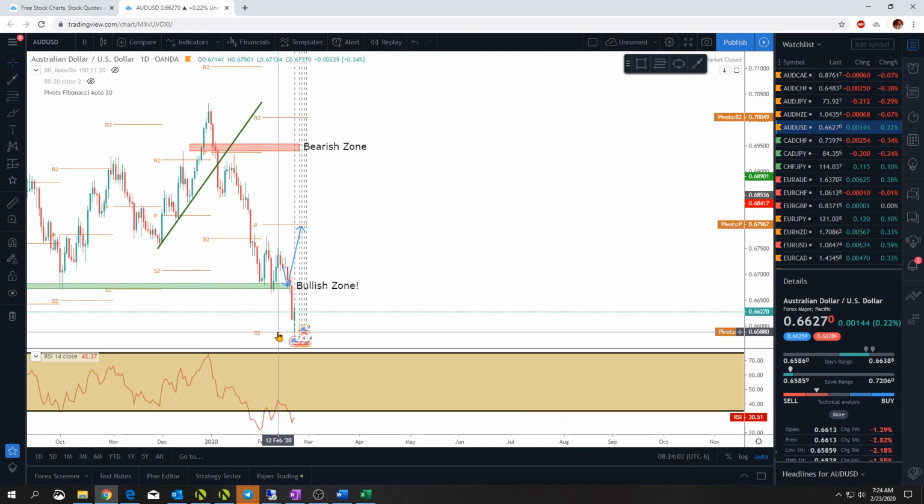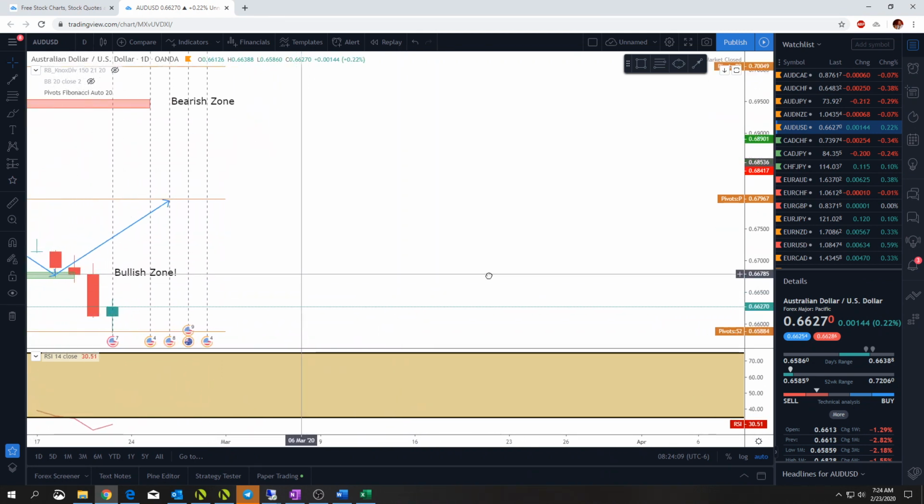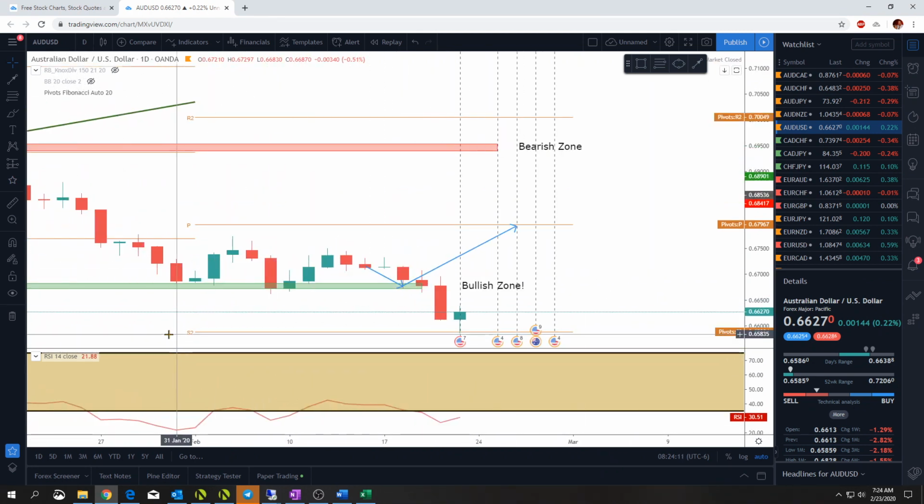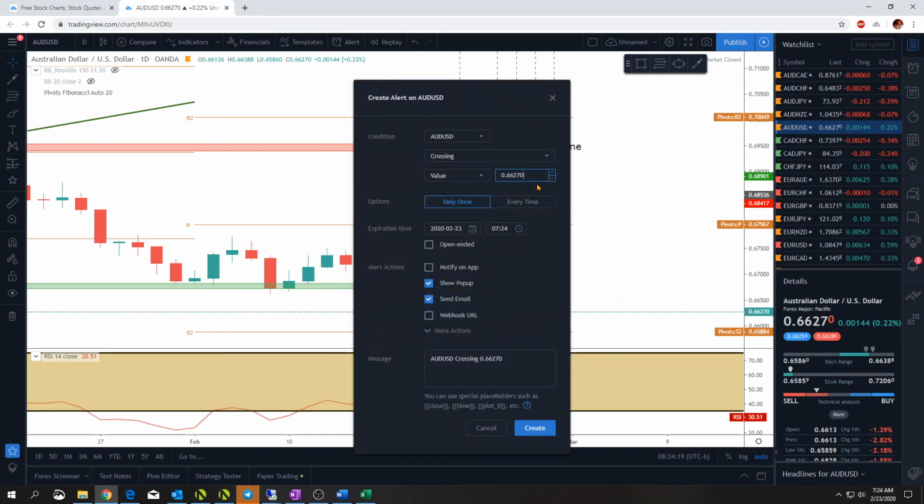Price hit the S2 on the daily and instantly rejected it. So what will it do? What I'm going to want to do is set an alert at 65916. 65916. Looking to buy.